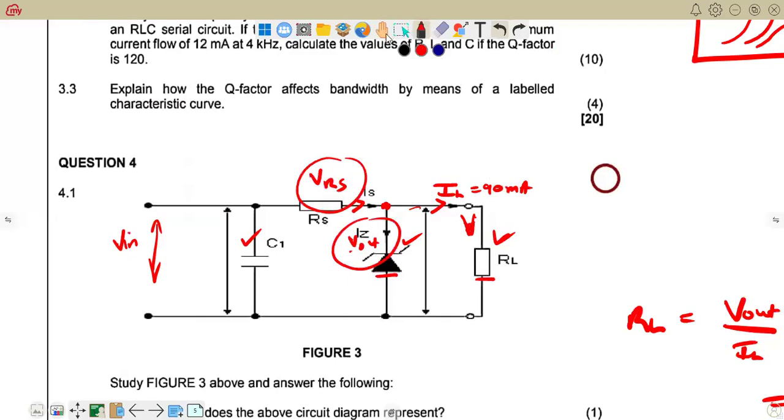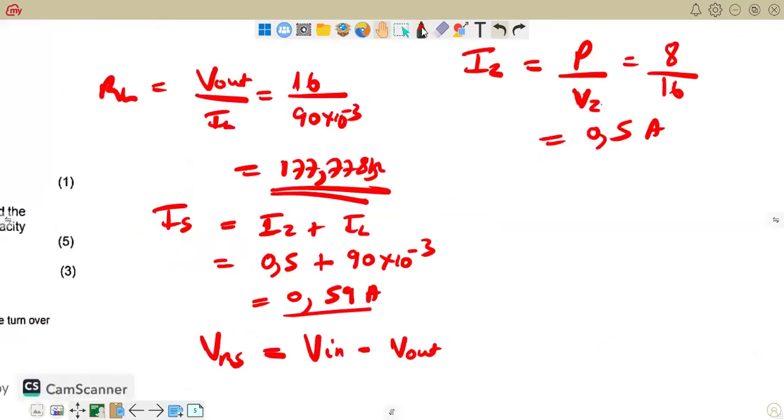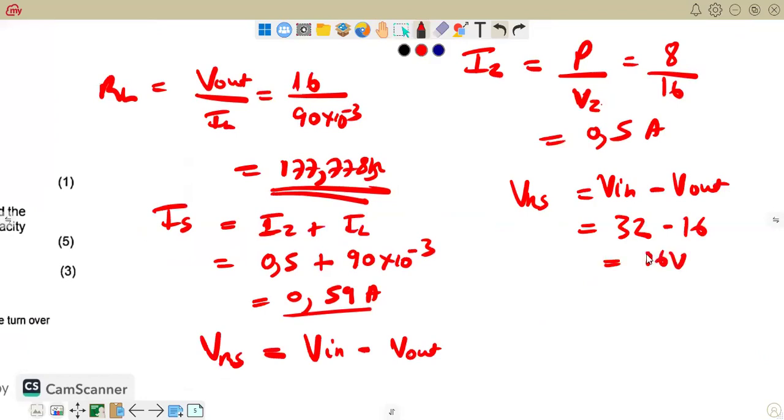So hence, for that reason, it means VRS, by making it the subject, is equal to V in minus VZ. Remember, I said V out is also equal to VZ, right? So it means it's 32 minus 16, which is giving us 16 volts, right? There we are. And of course, having determined VRS and having calculated IS, it means therefore RS can be calculated.